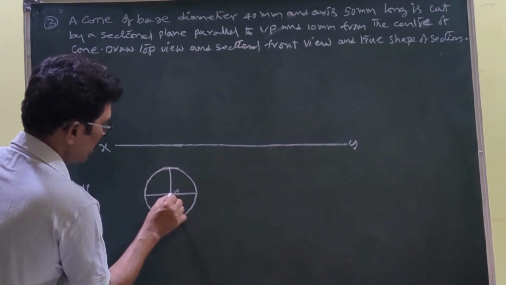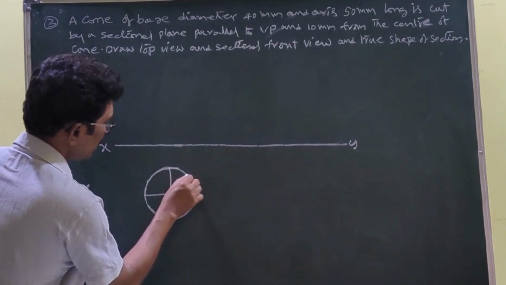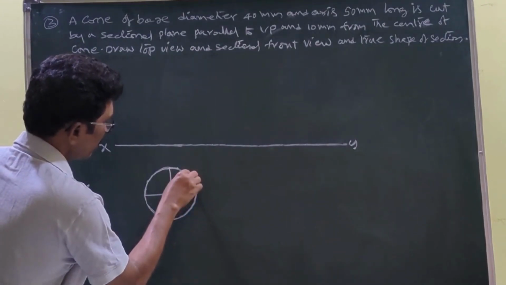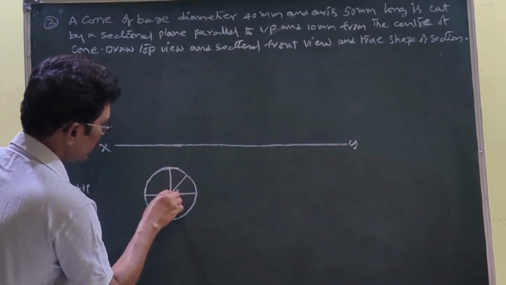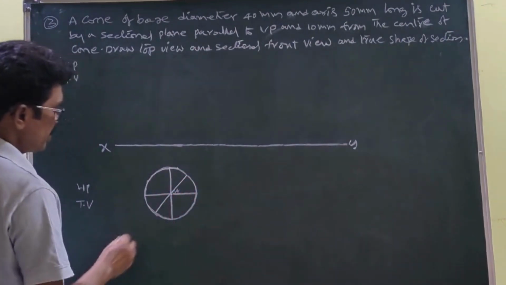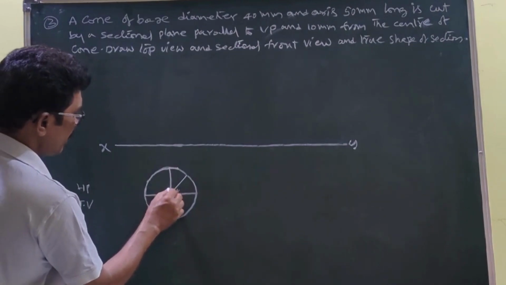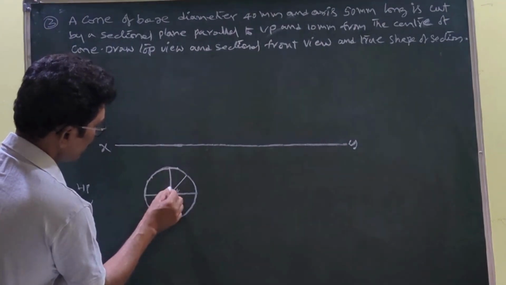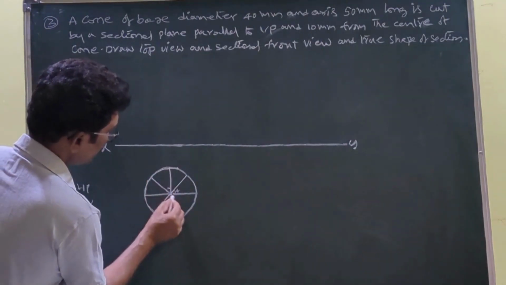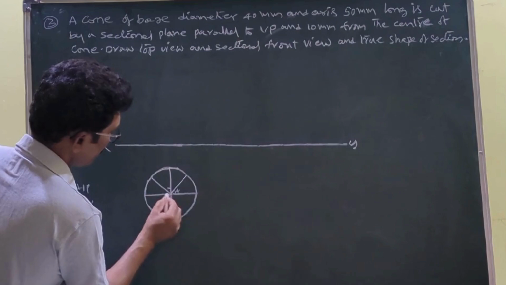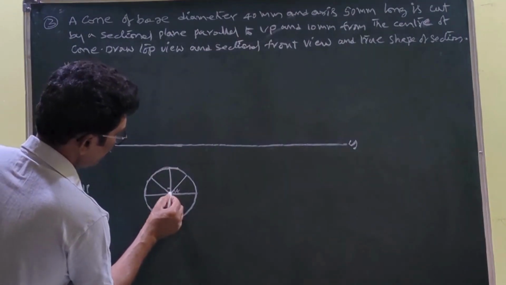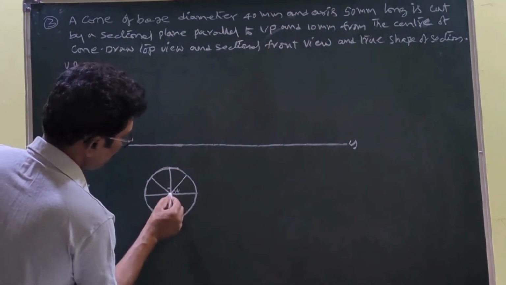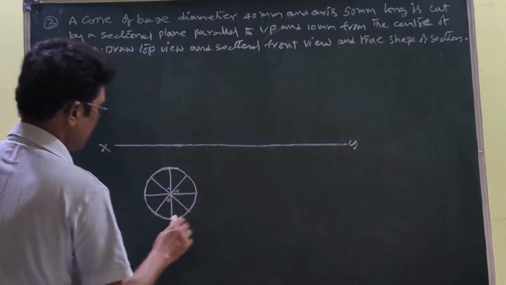You can draw a line through this and extend it. It also bisects. In the same way, you set up 45 degrees here also, and draw a line passing through this O like this.